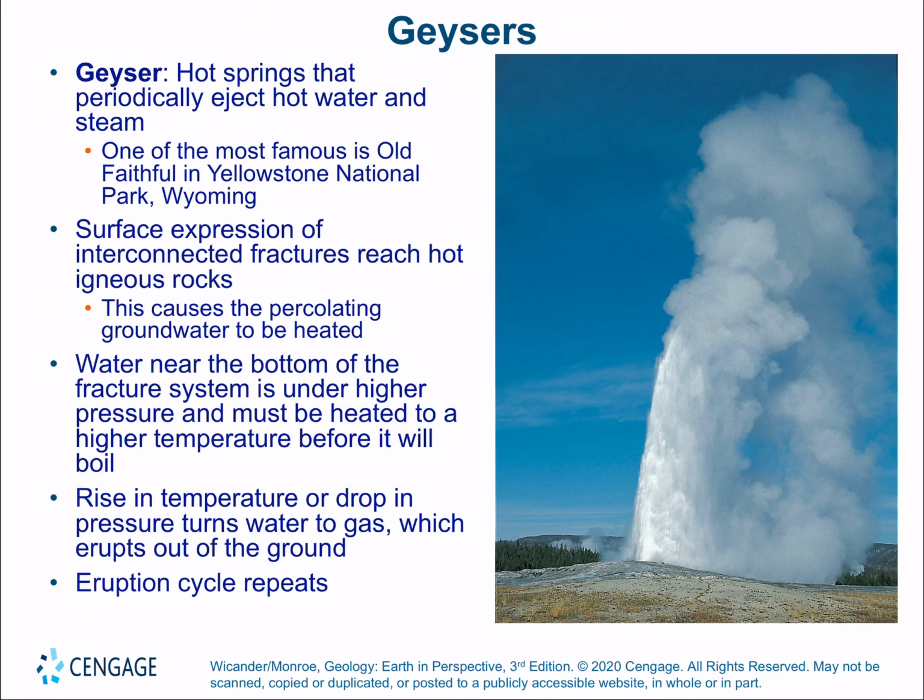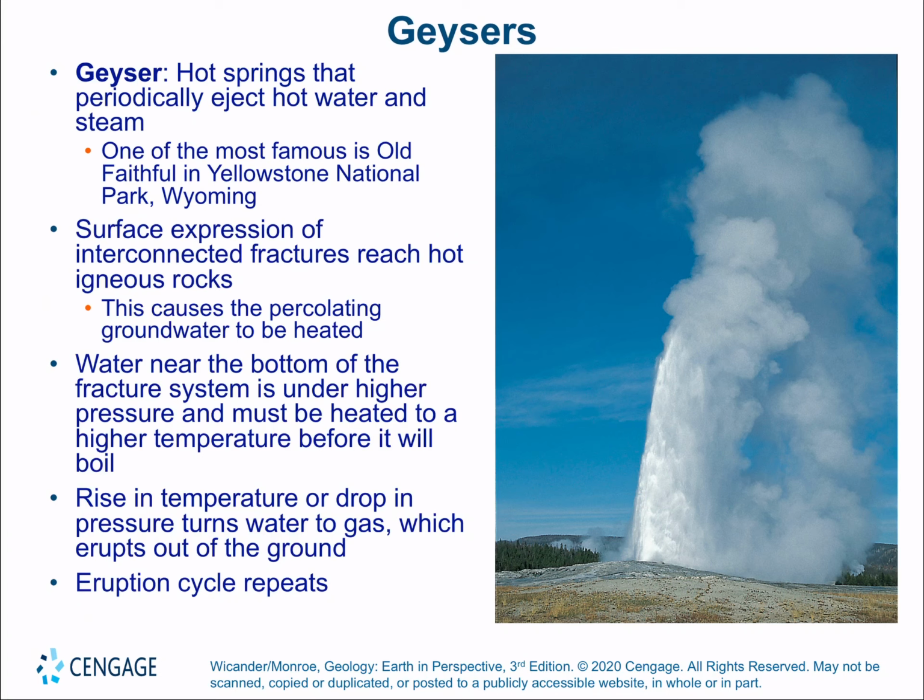And then something we've heard about is our geysers. A geyser is basically a hot spring that periodically will eject hot water and steam. This picture shows the more famous one, Old Faithful in Yellowstone. What happens is you have a system of interconnected fractures that reach your hot igneous rock.